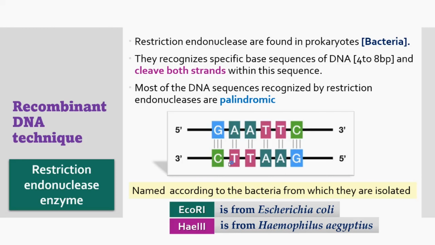So you should know everything about restriction endonuclease enzymes. They are isolated from bacteria. They recognize specific base sequences which are palindromic in nature, and they also cleave both strands. And their names are according to the bacteria they are isolated from.